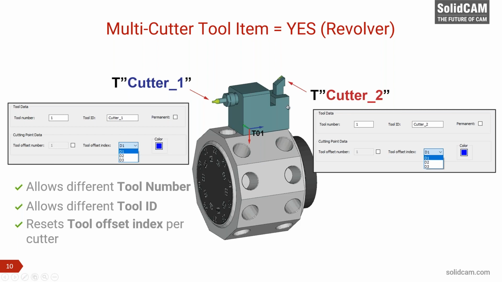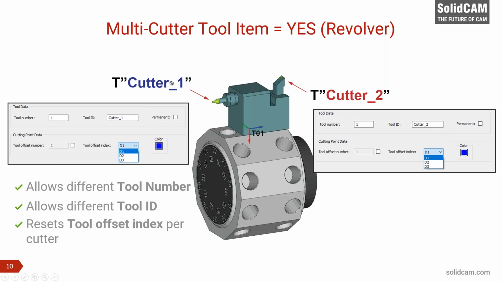The machine automatically knows that if you call the cutter tool, it's on station 1 and is this cutting point over here. Now each of these cutting points can have more than one cutting point, and how we can support that. That is what the multi-cutter tool item is all about.